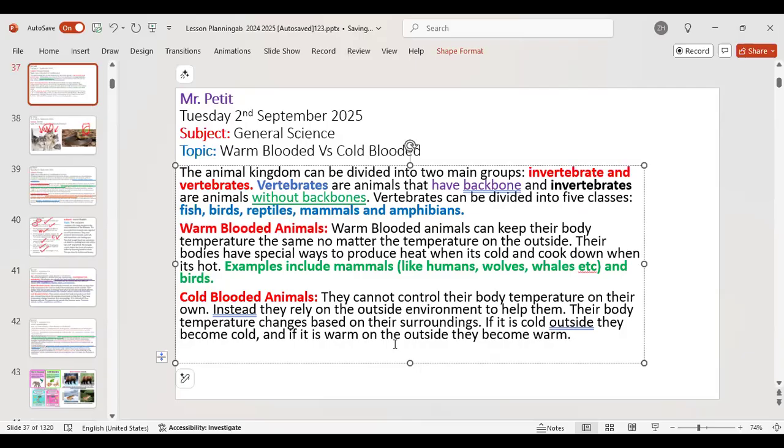So that means that they allow the outside temperature to dictate their body temperature. Examples include reptiles, amphibians, and fishes.